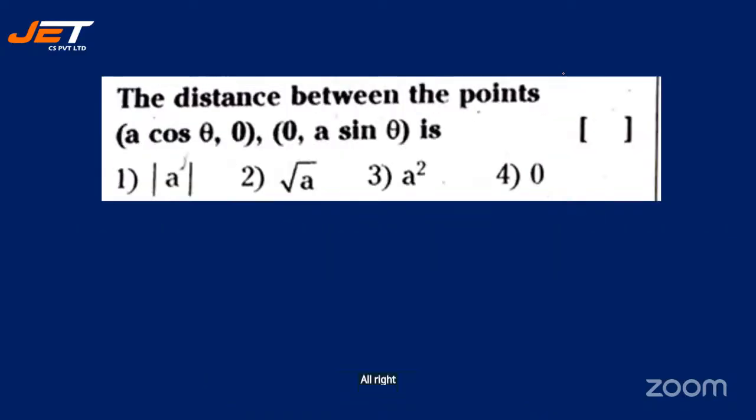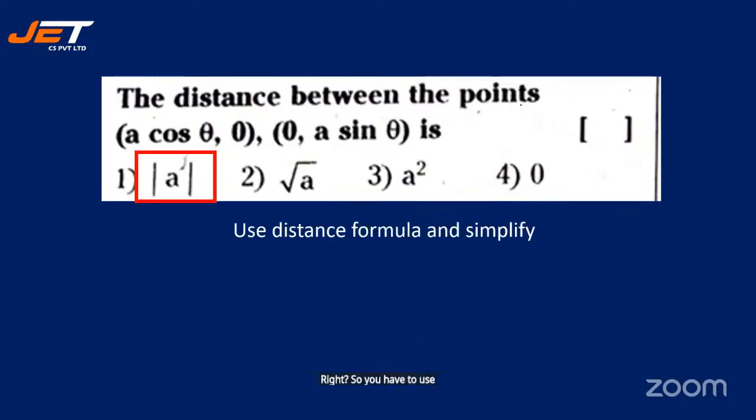All right? The distance between the points a cos theta, 0 and 0, a sin theta. So you have to use the distance formula and then simplify. X1, Y1, X2, Y2. So Y2 minus Y1 the whole square plus X2 minus X1 the whole square.